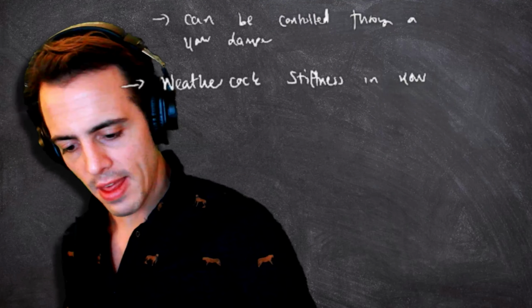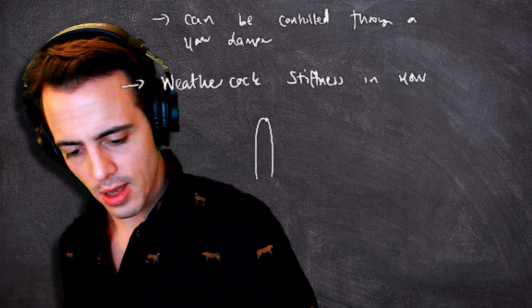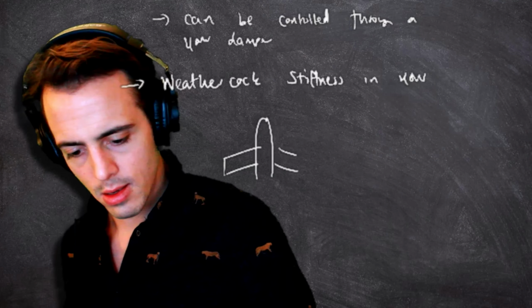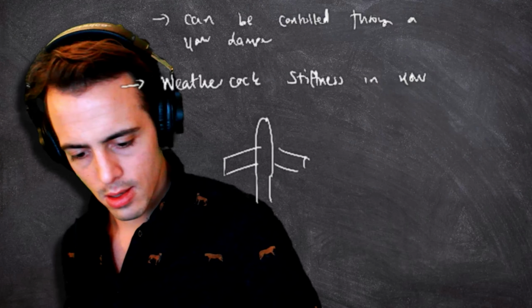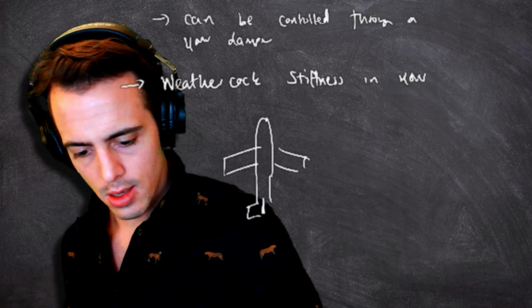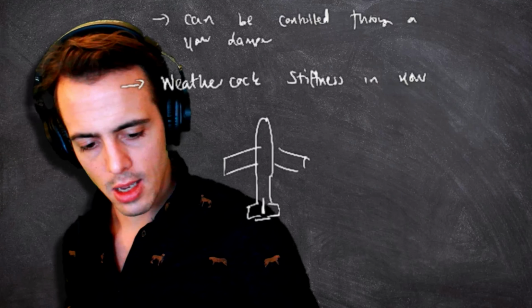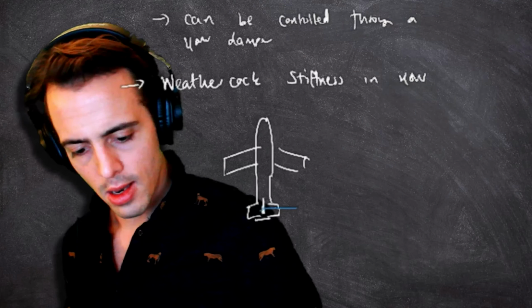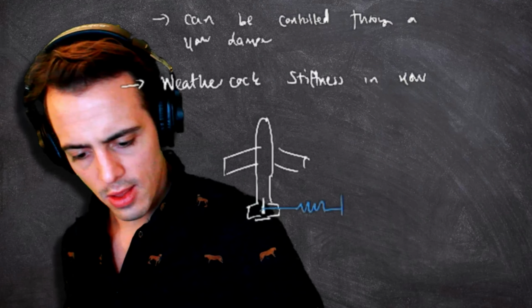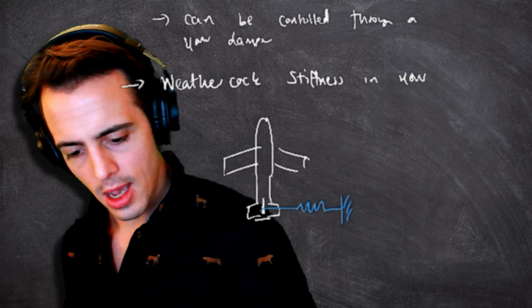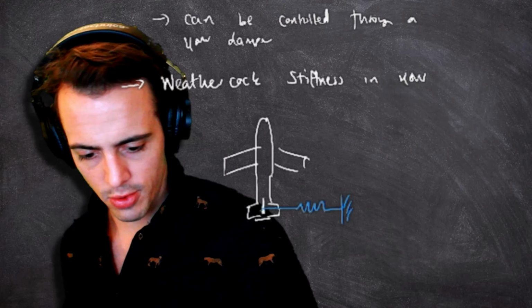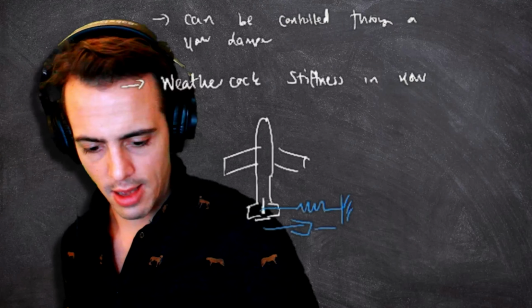So we can think about that for the aircraft, then the vertical stabilizer acts as a spring, providing stiffness, and also, in addition to the other control surfaces, acts as a damper.